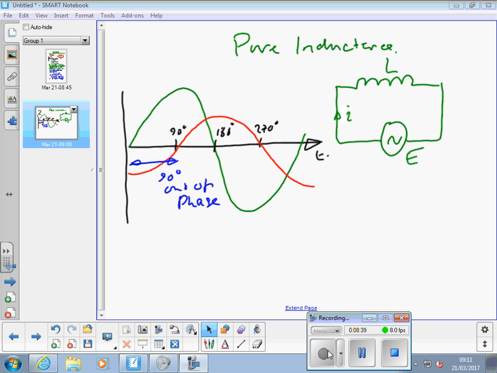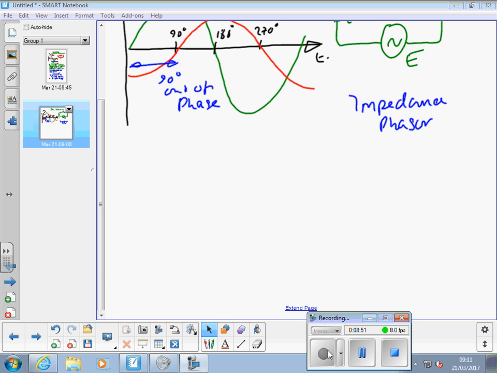We can draw an impedance phasor where that represents 0 degrees and the impedance phasor at 90 degrees positive.